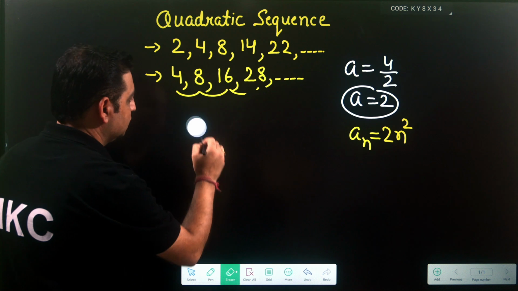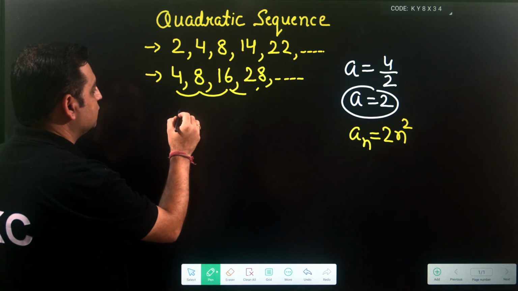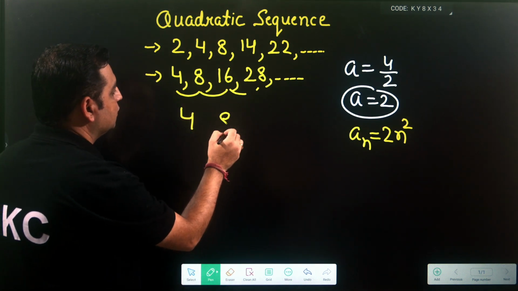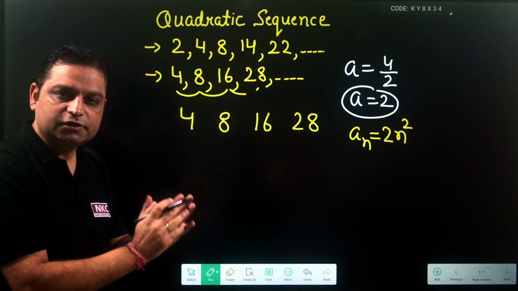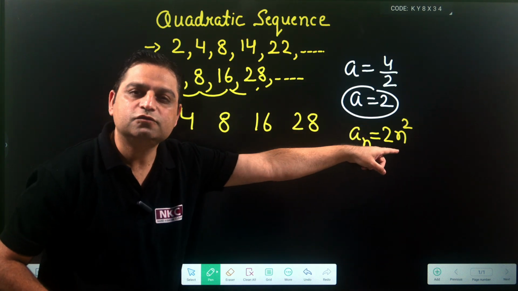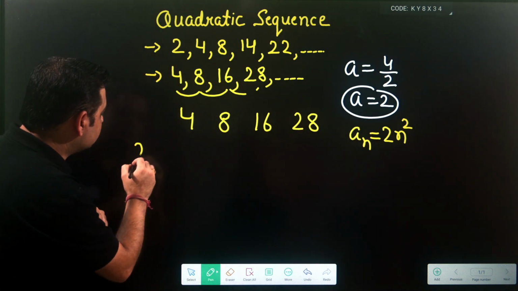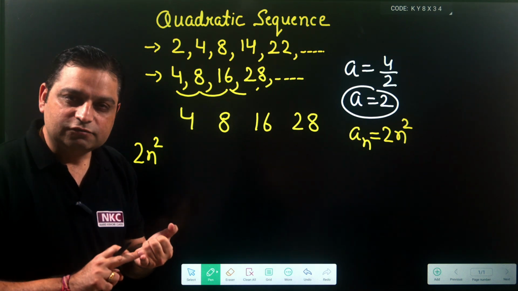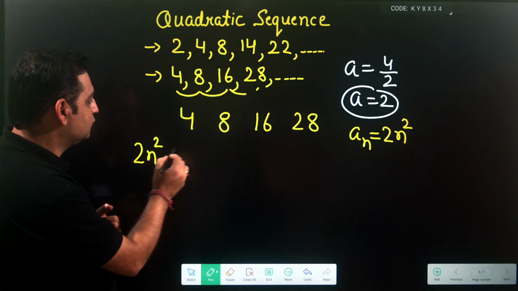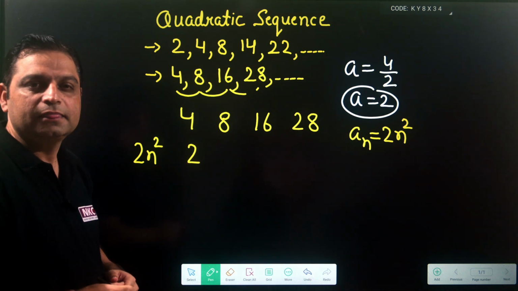As told earlier, I will write my sequence again. 4, 8, 16, 28. I'm writing the given sequence. Now my first term is 2n square. Do remember, now you will write 2n square at this place. Put n as 1. 2 times 1 square will give you 2.